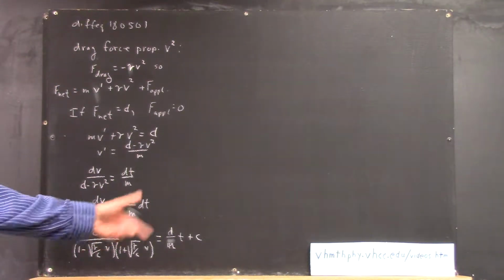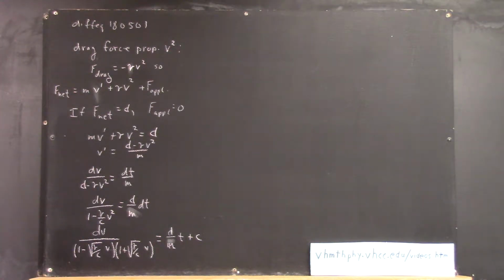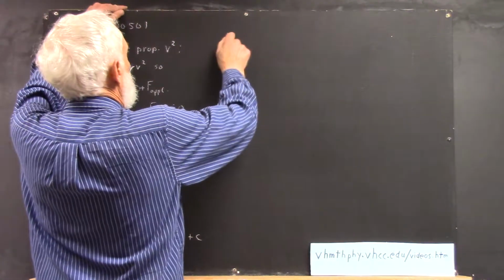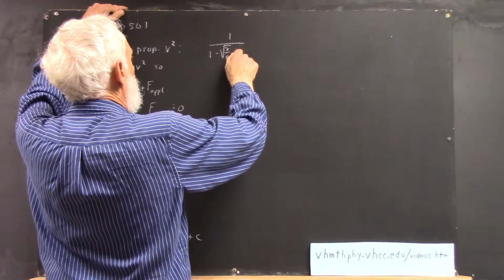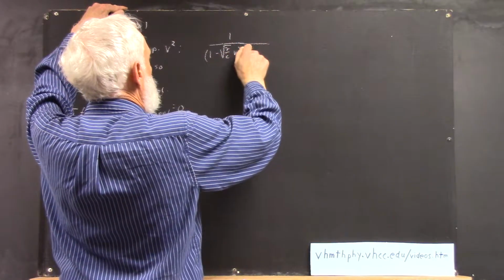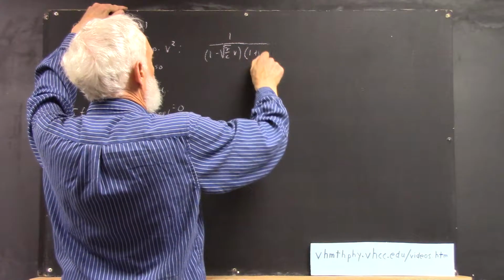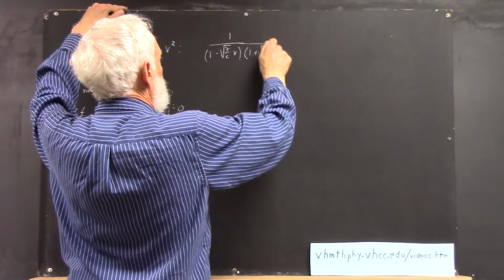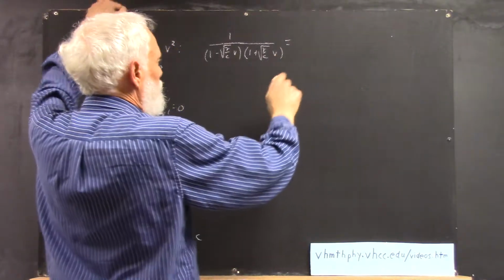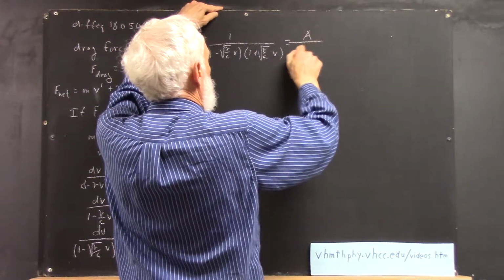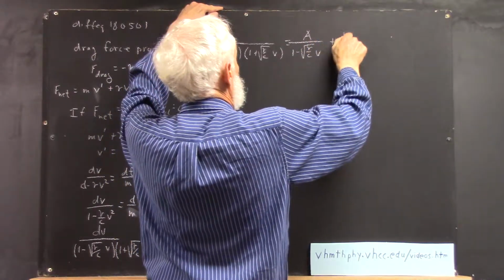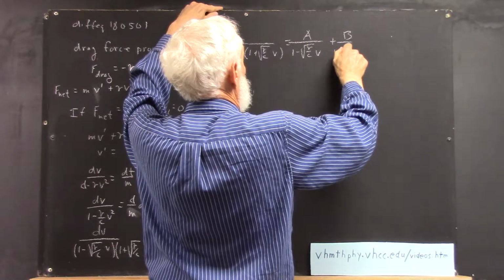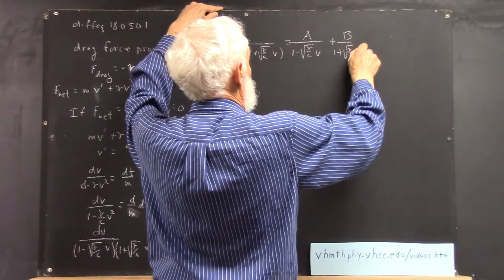Okay, so we go to partial fractions. 1 over 1 minus the square root of gamma over c v times 1 plus the square root of gamma over c times v should equal some constant A over 1 minus the square root of gamma over c v plus B over 1 plus the square root of gamma over c times v.